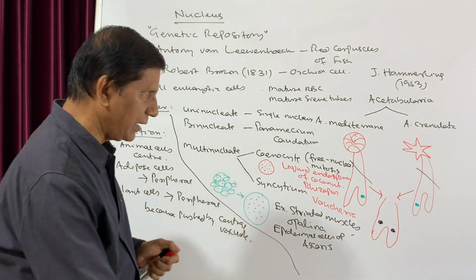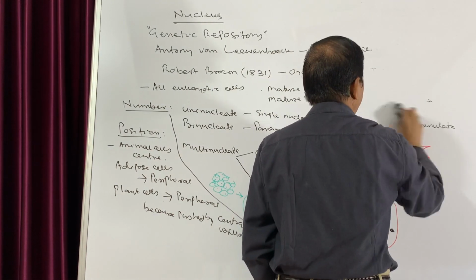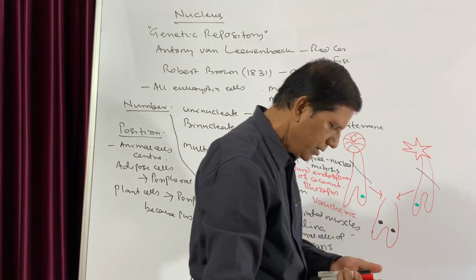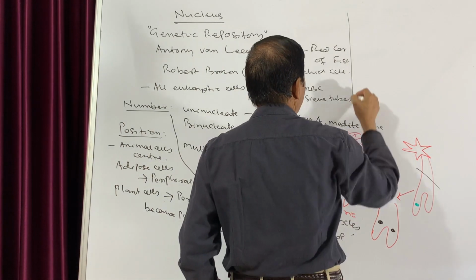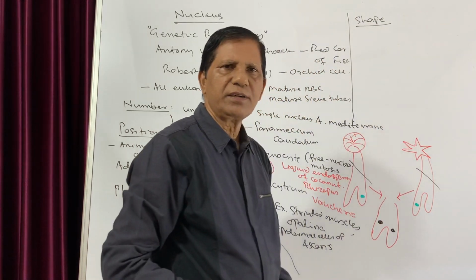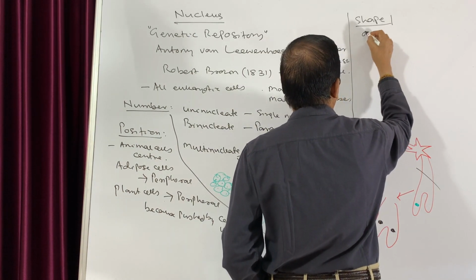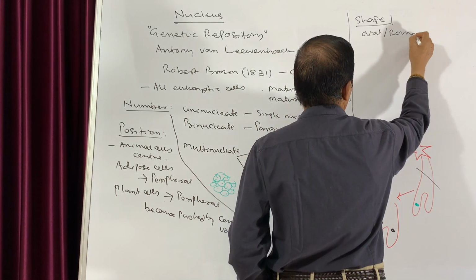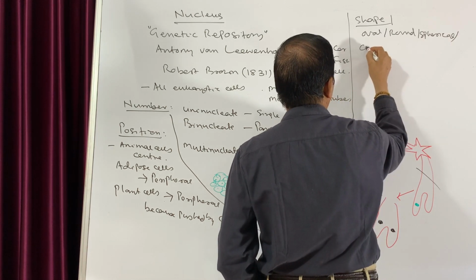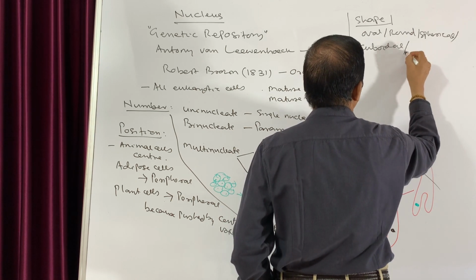Then the next thing that we'll discuss is the shape and size. Now if we discuss the shape, usually the nucleus doesn't have a definite shape. It may be polygonal, oval, round, spherical, cuboidal, or cylindrical.